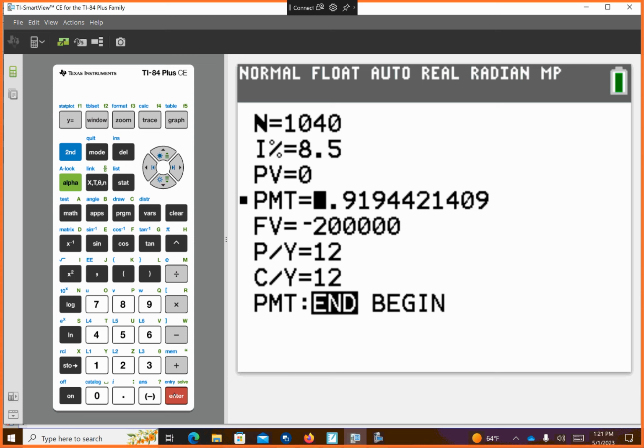My payment's off, because I can assure you it's just not 92 cents each week that you're putting away. Where did I make a mistake? Previous value 8.5.